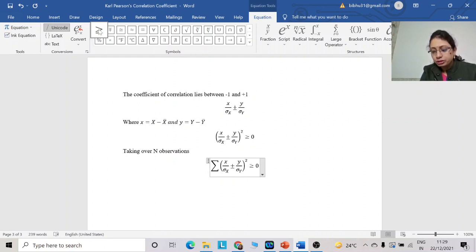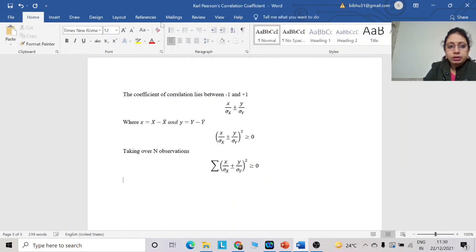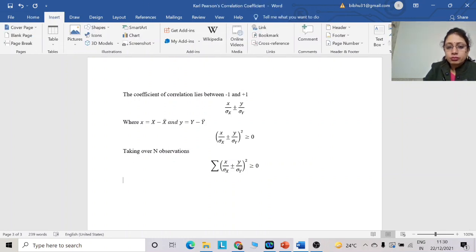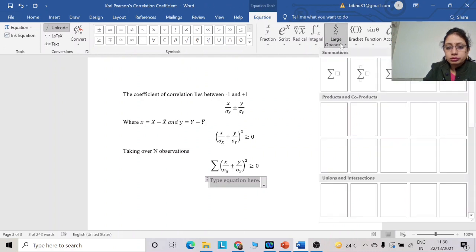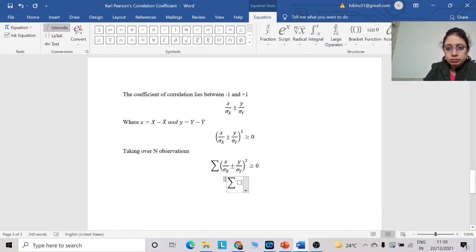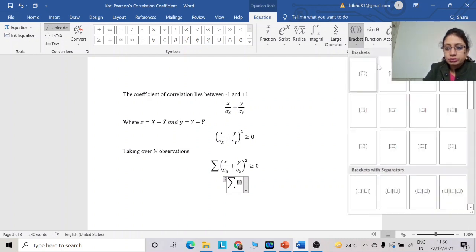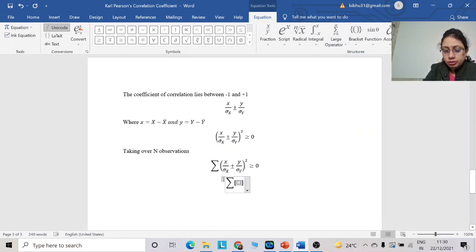Now let's open the bracket. This is of the form a plus b whole square, so expanding it, basically a square plus b square plus minus 2ab.